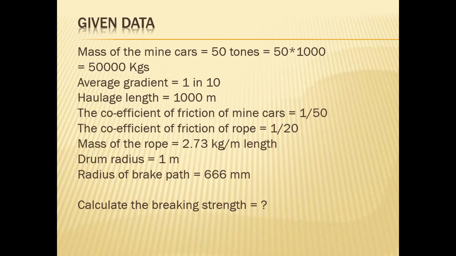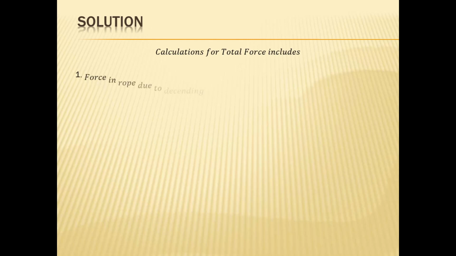So let's get started with the solution now. We are required to calculate the total force here. The calculation for total force includes, number 1, force in the rope due to descending train. Force, as we all know, is given by mass into acceleration.